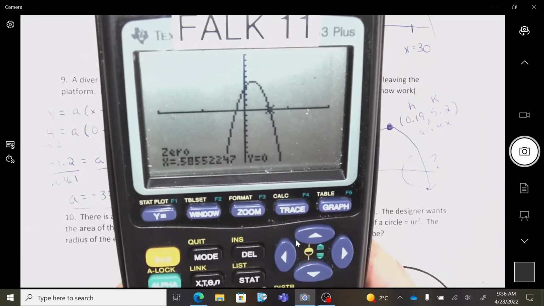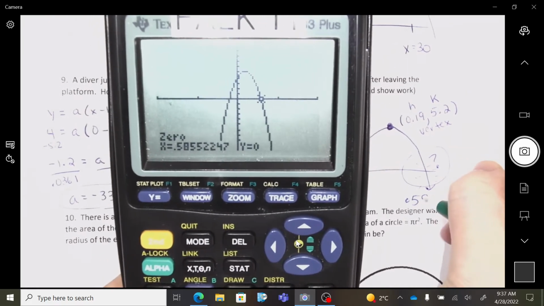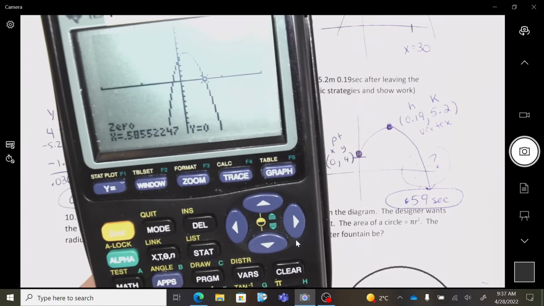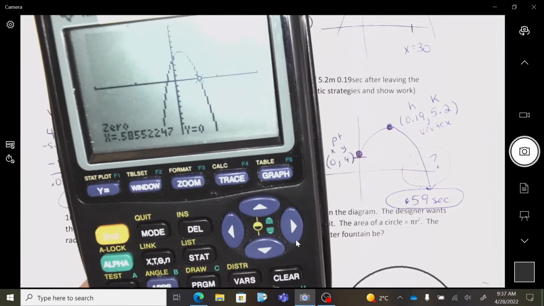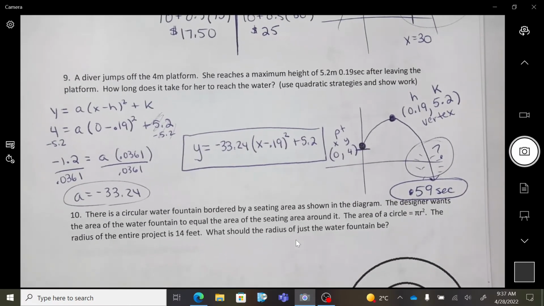I got 0.59 seconds. A match? 0.59 seconds.